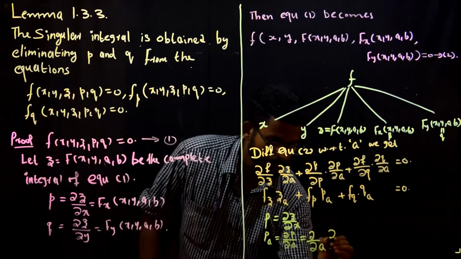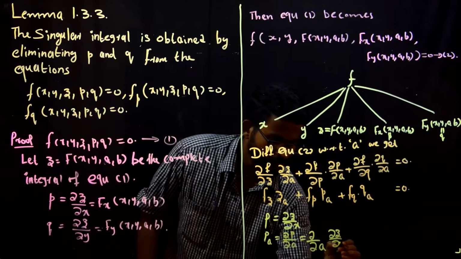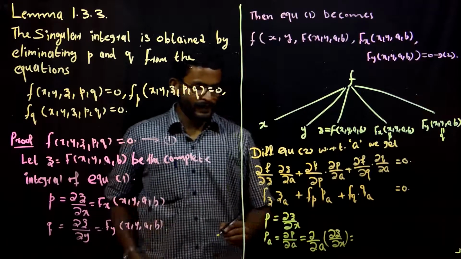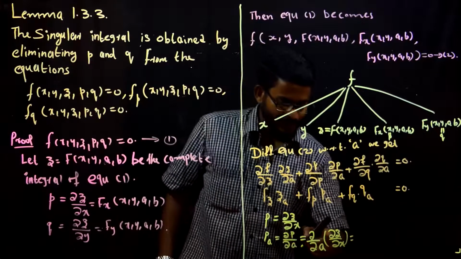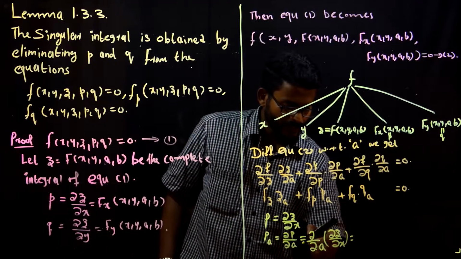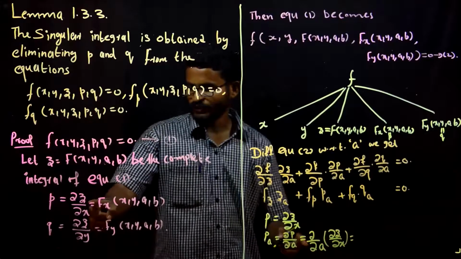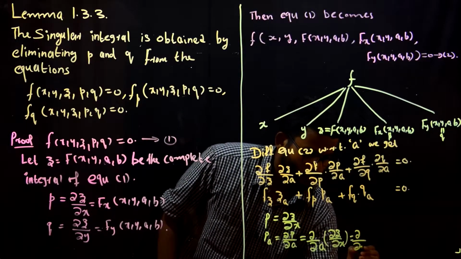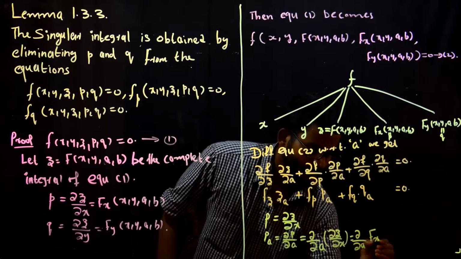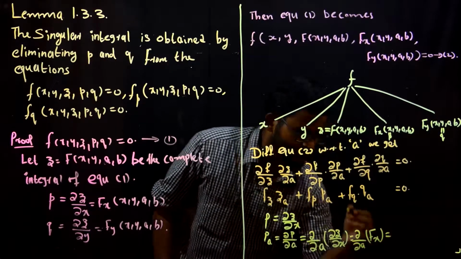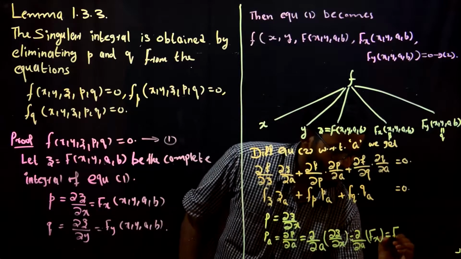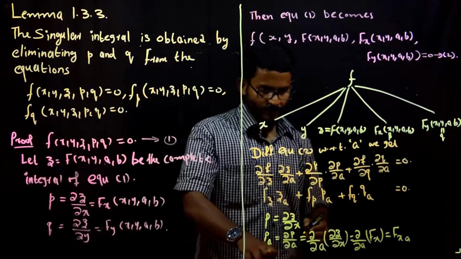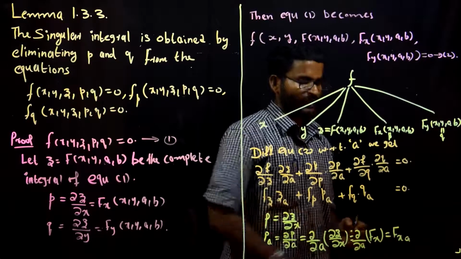P is ∂z/∂x, and ∂z/∂x is the same as f_x. That is ∂/∂a of f_x, which can be written as f_xa. That is, p_a = f_xa.